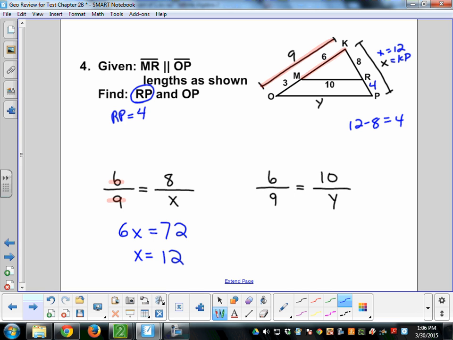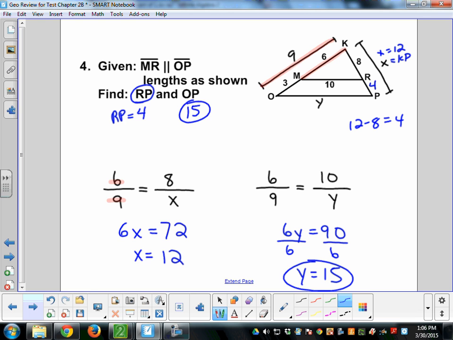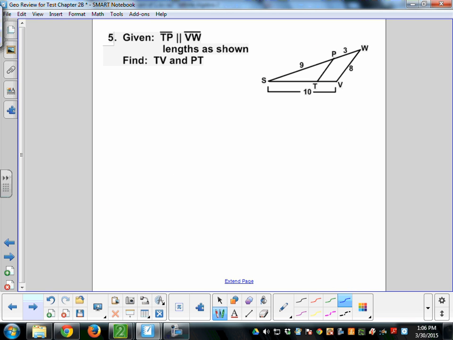OP is the bottom. I don't have to do anything like that. I just cross multiply. I get 6y equals 90. Looks like I get y equals 15. So OP equals 15. Number 5 flows in the same way.